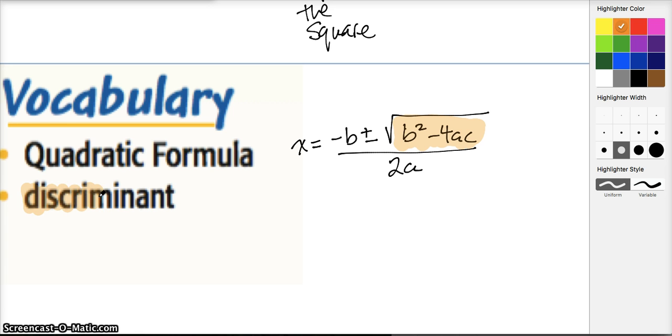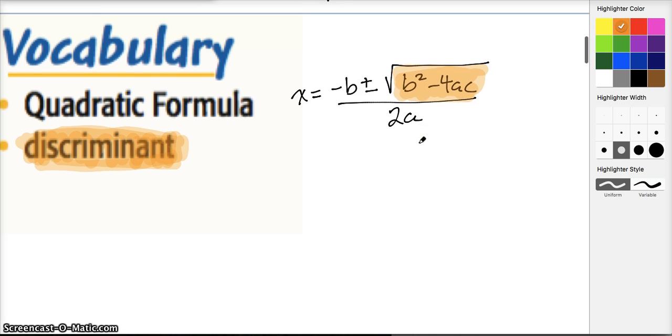I'll highlight the word discriminant in the same color so we know they're related. The beauty of the discriminant is that this little formula, b squared minus 4ac, gives us so much insight into the types of answers we get from our quadratic equation.